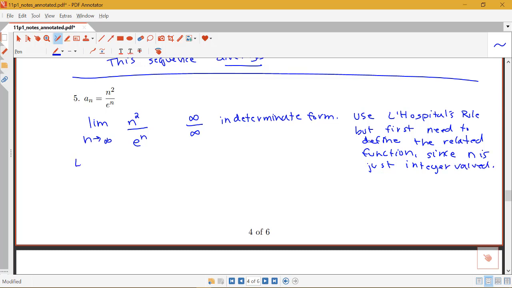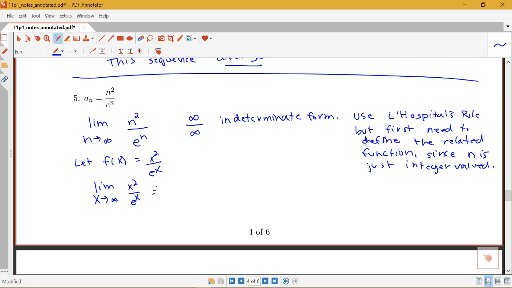We'll let f(x) be x squared over e to the x, with the understanding that x is now taking on all values in the domain of this function instead of just the integer values. And now we can look at the limit as x goes to infinity of x squared over e to the x.